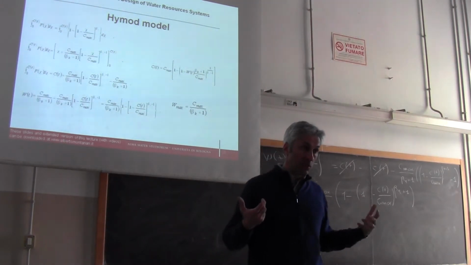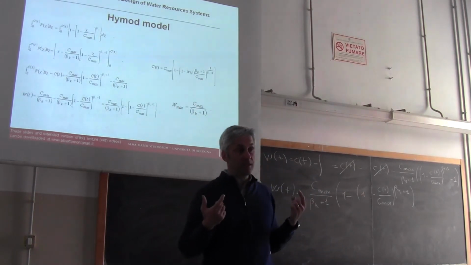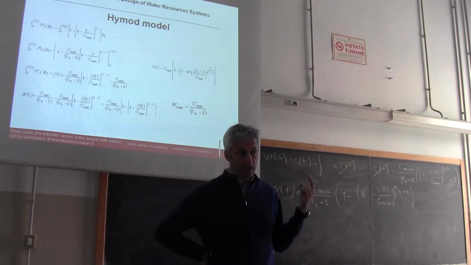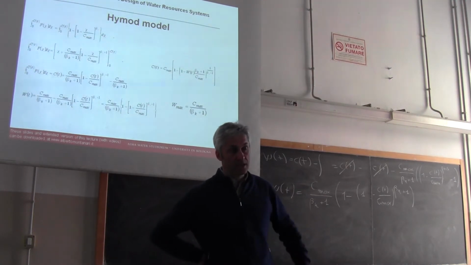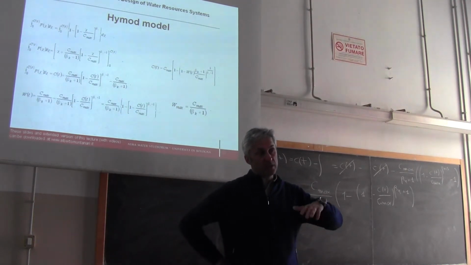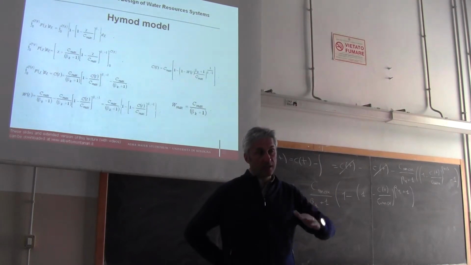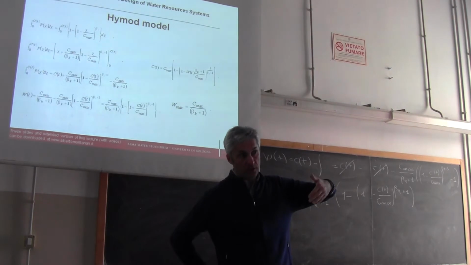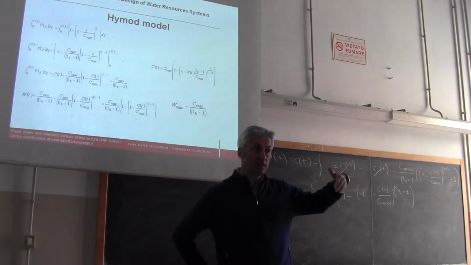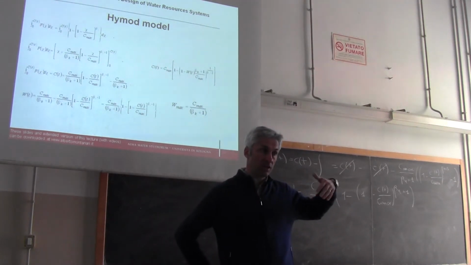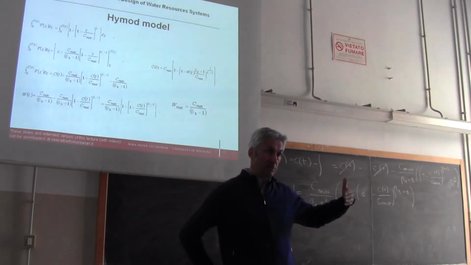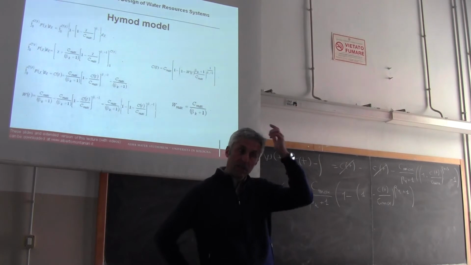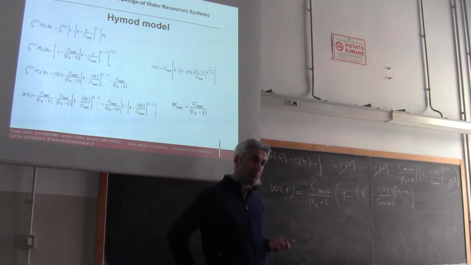In the linear reservoir, we had indeed, even in that case, one parameter, which is k. And k is nothing else than the slope of the linear relationship between river flow and storage. So the relationship is still linear, because k is a constant. But if you vary k, you change the slope of your linear relationship.